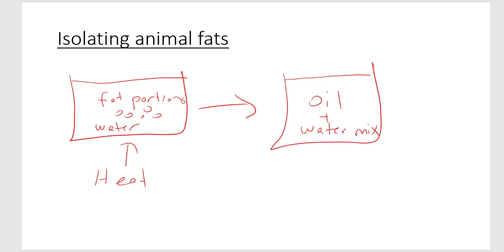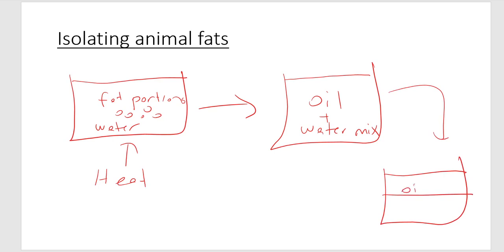What happens when water and oil are mixed? They will separate from each other. The oil will float on top, because fats and oils have lower density than water.